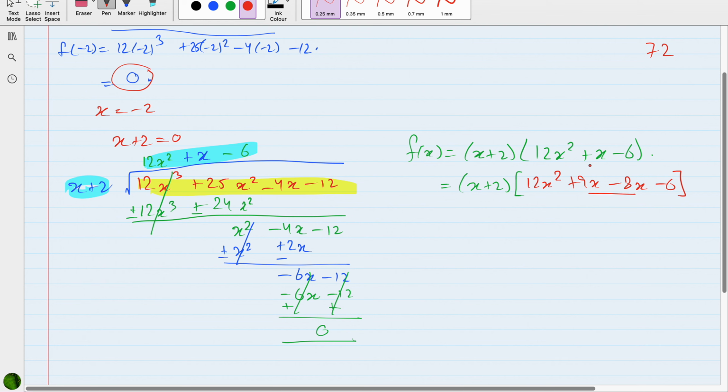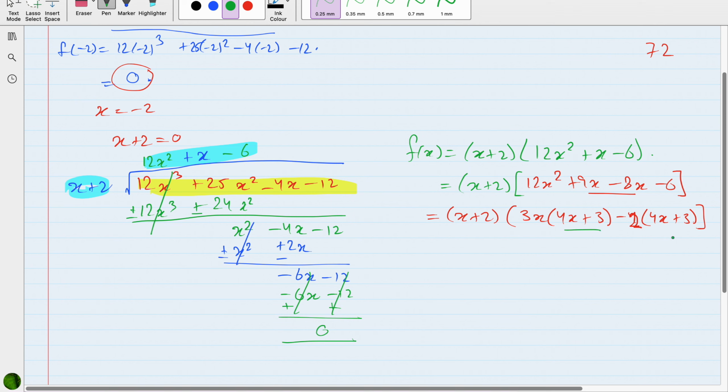If I add these two I get 1. When I multiply these two I get minus 72x square. So x plus 2, taking out common, this is 3x. I'm left with 4x plus 3. When we take out minus 2, I'm left with 4x plus 3 again.